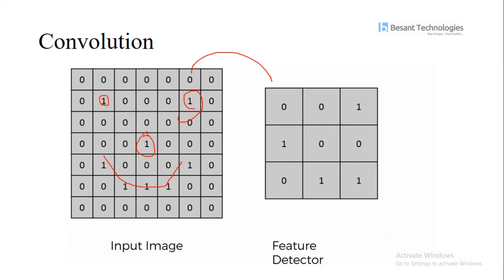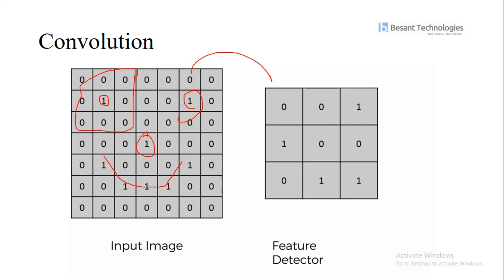The feature detector is always 3 into 3 dimension, 3 rows and 3 columns. This feature detector will go and apply to our input image. So this is one part which we have with our data.